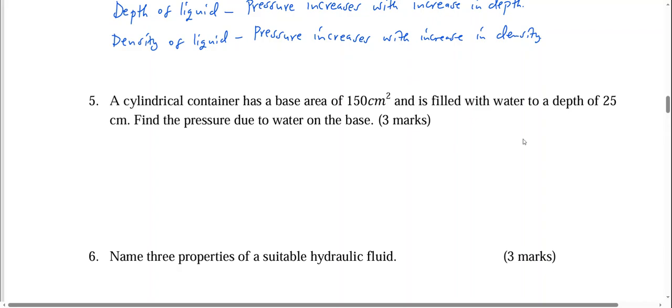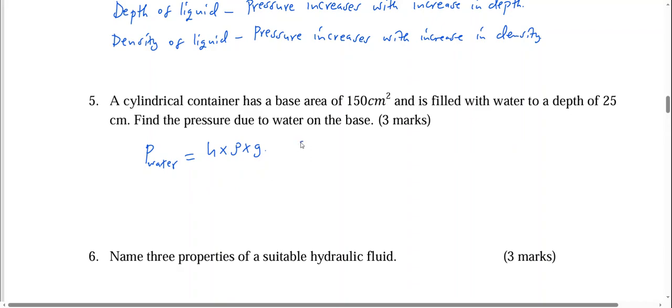The depth, and it is water. Therefore, you're going to use the pressure formula in liquids. Pressure in liquids, we have P to represent pressure. Therefore, pressure due to water will be height H multiplied by the density rho, then multiplied by the gravitational force G.